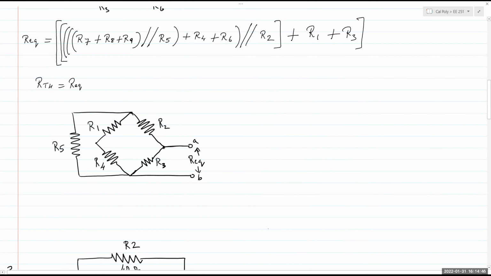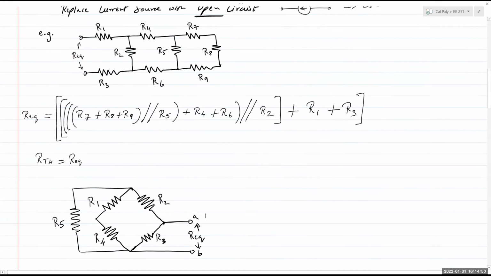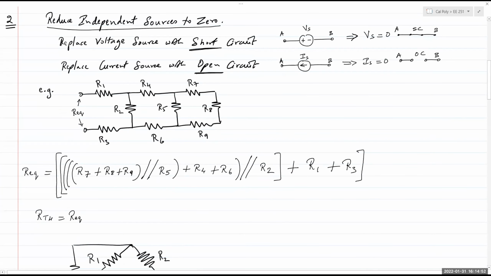Okay, so problem number 2. To find REQ, we reduce independent sources to 0. Reducing independent sources to 0 means replace the voltage source with a short circuit, replace the current source with an open circuit, and then determine REQ between the open terminals.